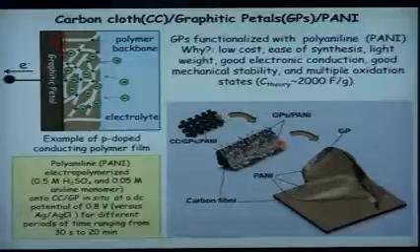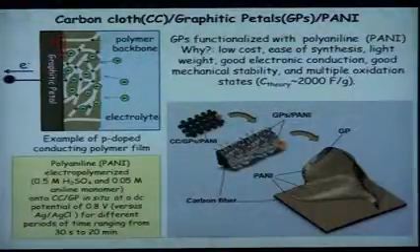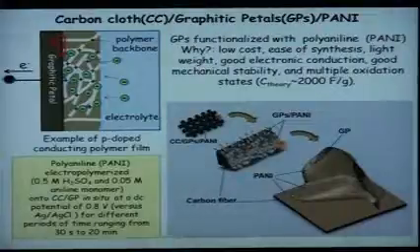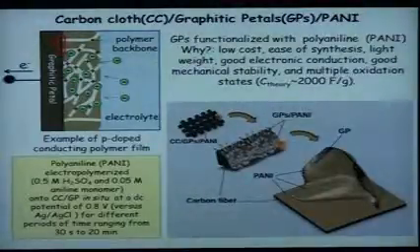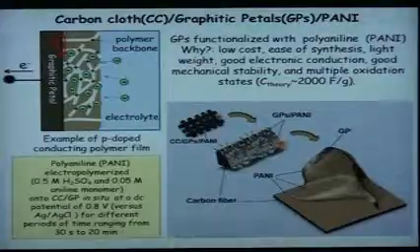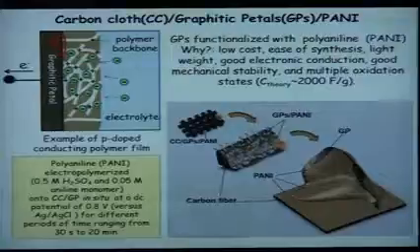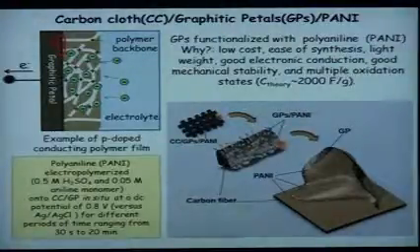And so in our case, when we say we functionalized it with polyaniline, we used an electrodeposition process for the polymer itself. Not too difficult to do. You can do it in your lab with just some simple tools. We use polyaniline as opposed to, for example, other pseudocapacitive materials like ruthenium oxide, because it's inexpensive, it's easy to process, okay?